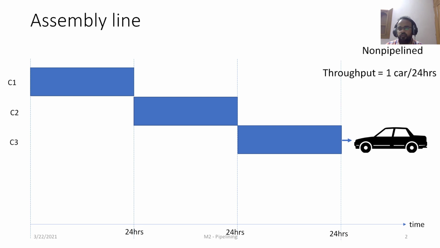Now, how do we improve it? Obviously, just like one assembly line, I could have multiple assembly lines, so that instead of rolling out one car, I can roll out three cars if I have three parallel assembly lines. So that is also an interesting method.